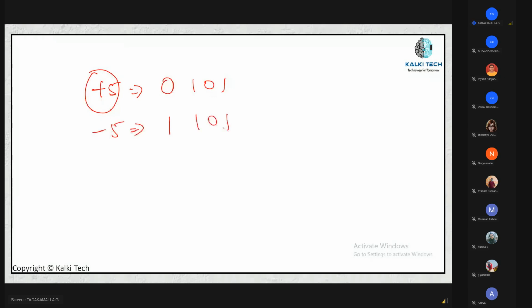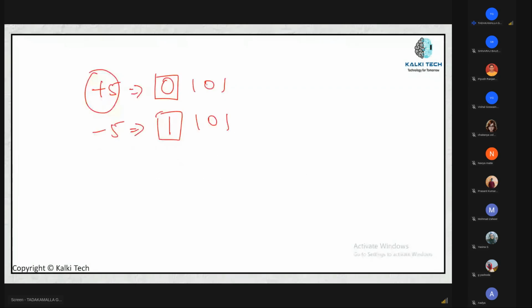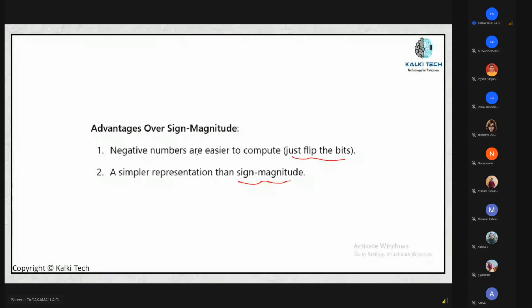For making the sign bit 0 or 1, we need some extra circuit. Whereas in ones complement, we just flip the bits. If we perform an XOR operation or something, our bits will be flipped and we get the ones complement representation. That is an advantage over sign magnitude representation.